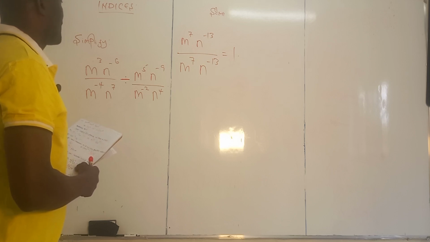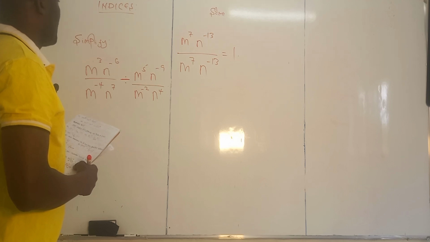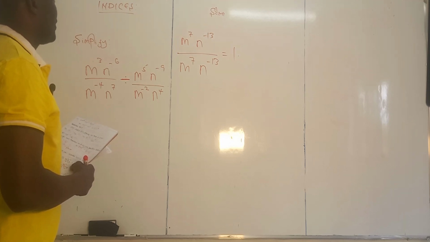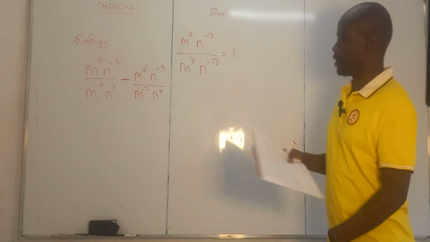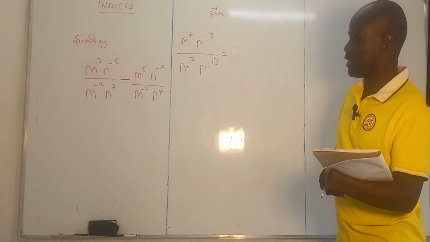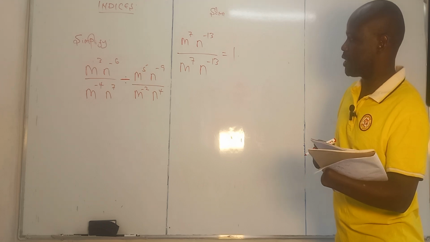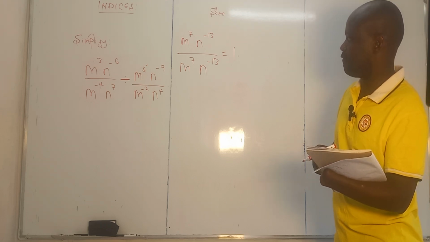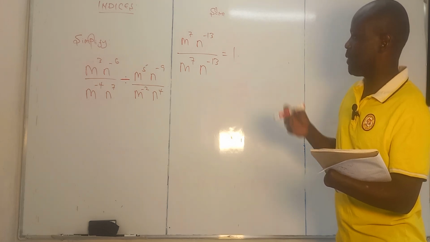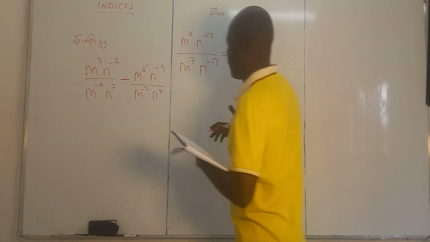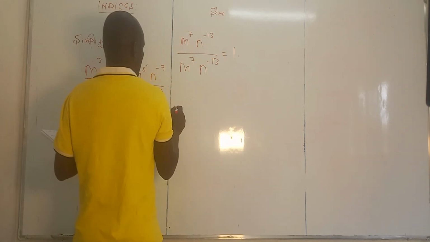However short it looks, you require the right laws of indices to get to it. So that's one way that we can use to arrive at that particular answer as fast as we have seen. So what you needed to do is to remember that there are lots of indices laws that you need to remember.